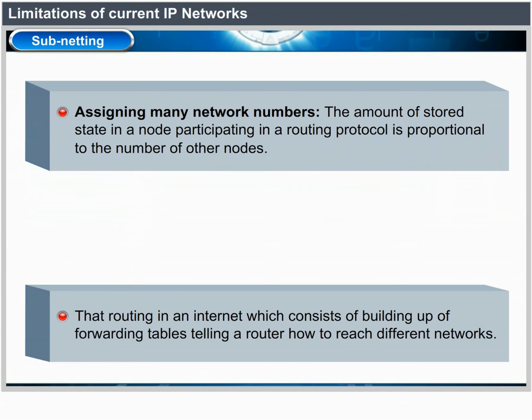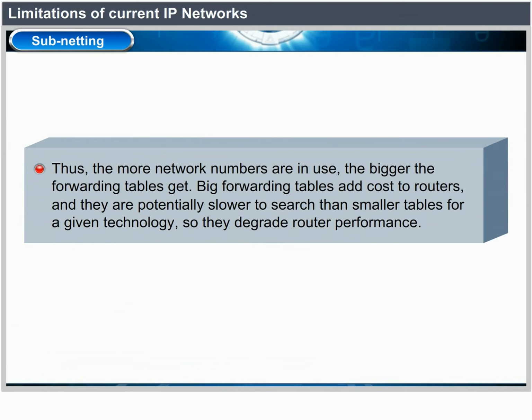Thus, the more network numbers there are in use, the bigger the forwarding table gets. Big forwarding tables add cost to routers, and they are potentially slower to search than smaller tables for a given technology, so they degrade router performance. This provides another motivation for assigning network numbers carefully.